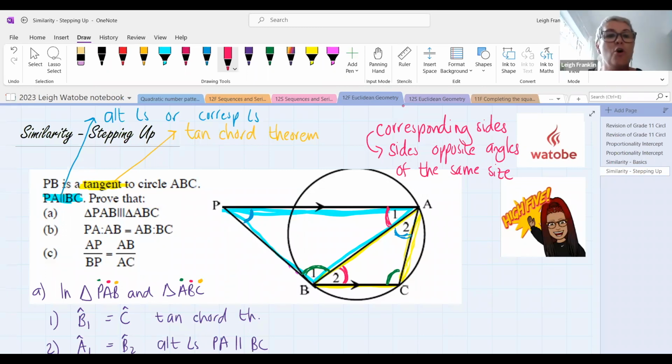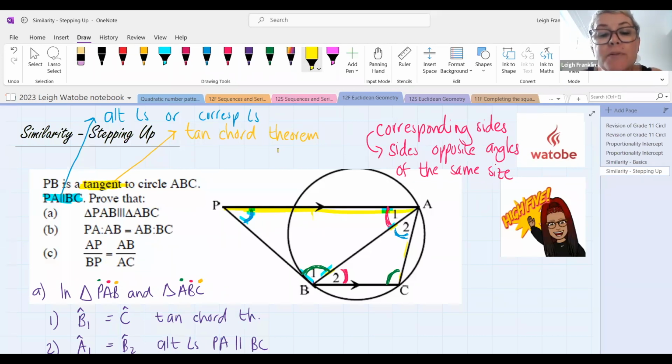So when we say that sides correspond, let's just get rid of the blue and the yellow. And I'm going to show you using other colors what I mean by this. Right, so opposite angle B1 in triangle PAB is side PA.